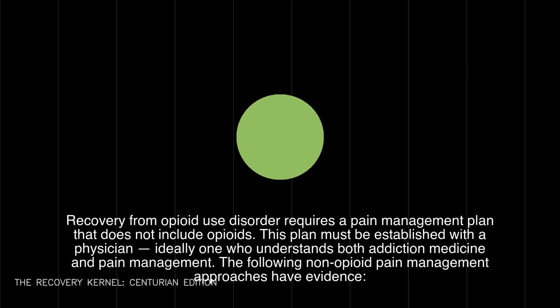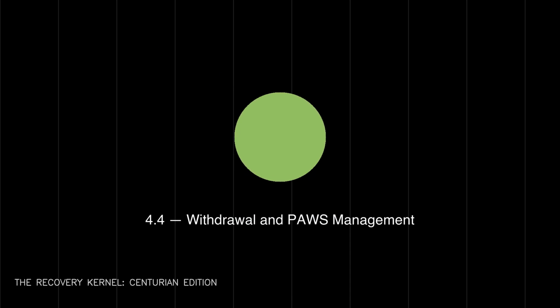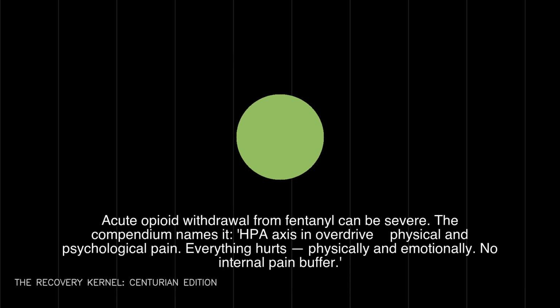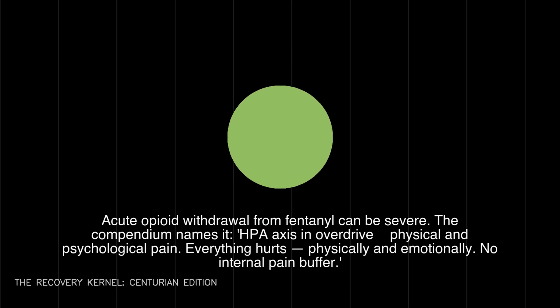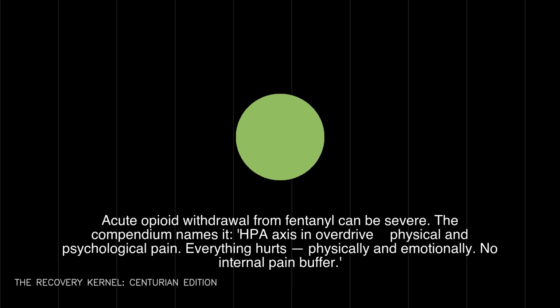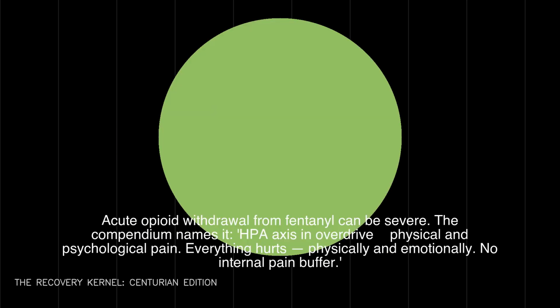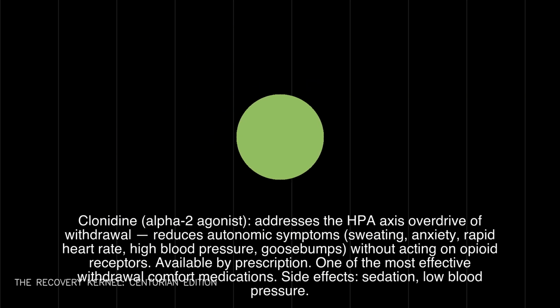Clonidine, an alpha-2 agonist, addresses the HPA axis overdrive of withdrawal and reduces autonomic symptoms, sweating, anxiety, rapid heart rate, high blood pressure, goosebumps, without acting on opioid receptors. Available by prescription. One of the most effective withdrawal comfort medications. Side effects: sedation, low blood pressure.